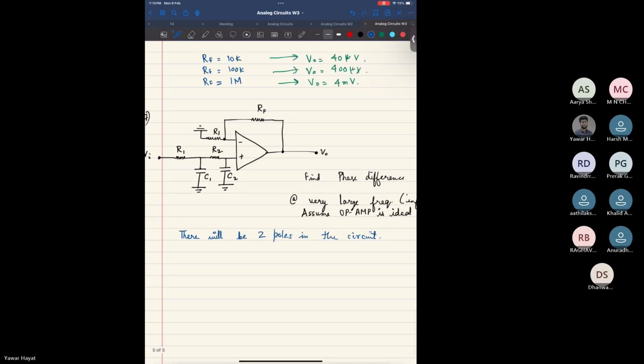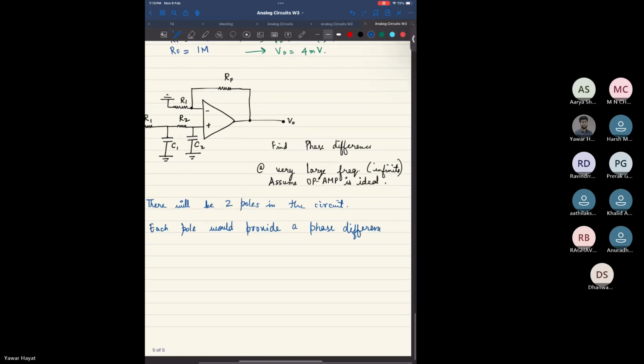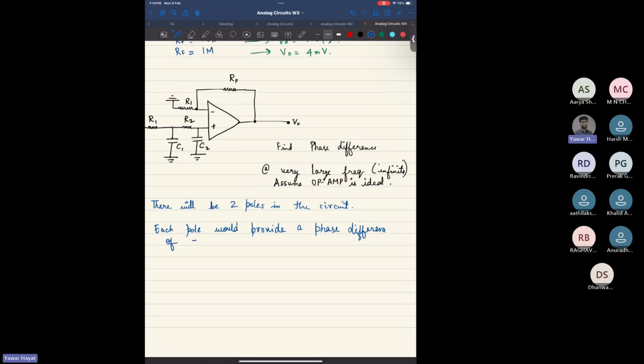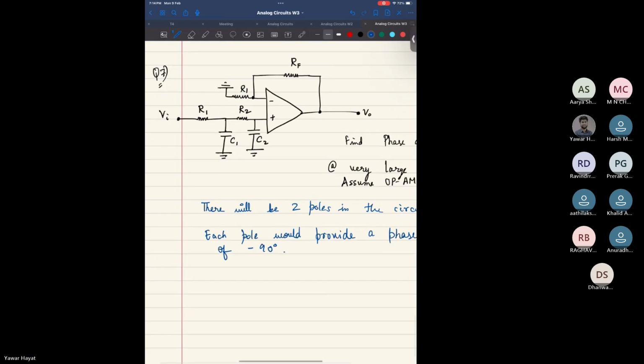So each pole would provide a phase difference of minus 90 degrees.